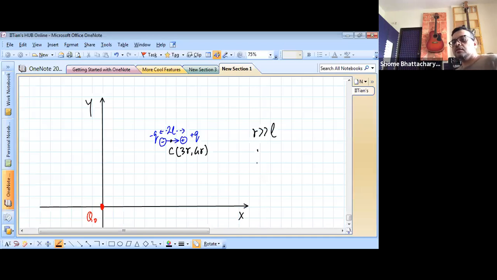So you have to find the net force and torque on the dipole due to the particle.